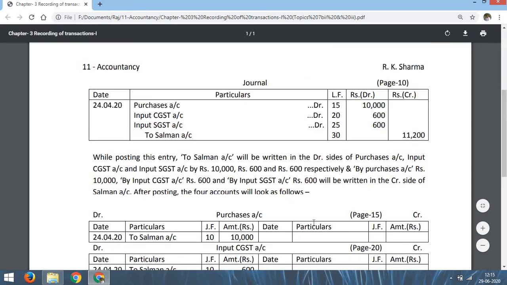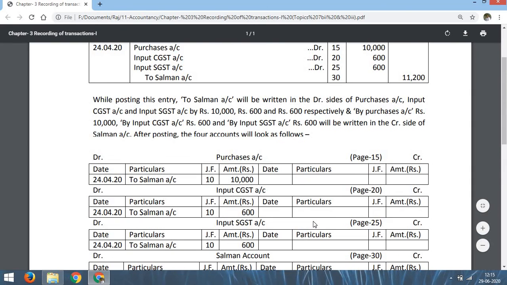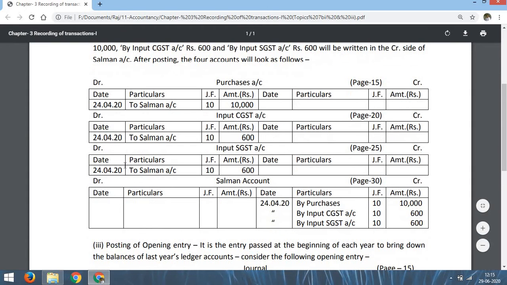So after posting of this entry to the ledger account, the four accounts will be as follows. Say this is purchase account, this is input CGST account, this is input SGST account and this is Salman account. In these three accounts we have written to Salman. Remember dates are 24 April in each.